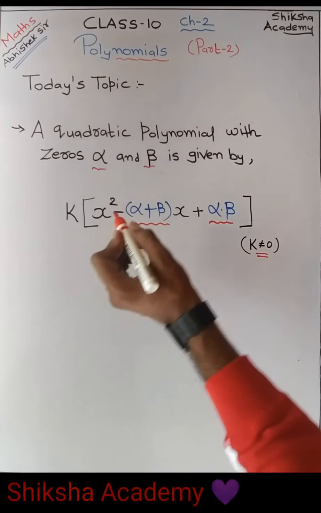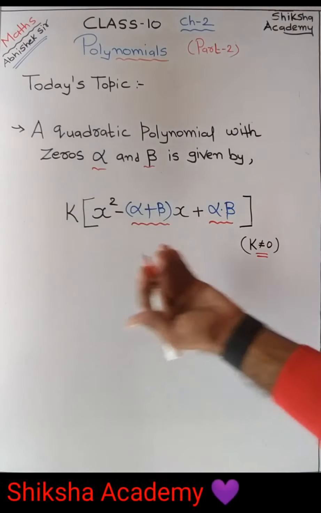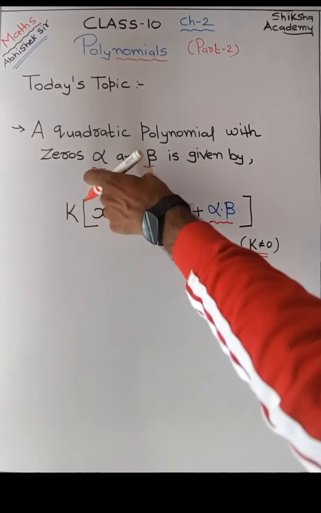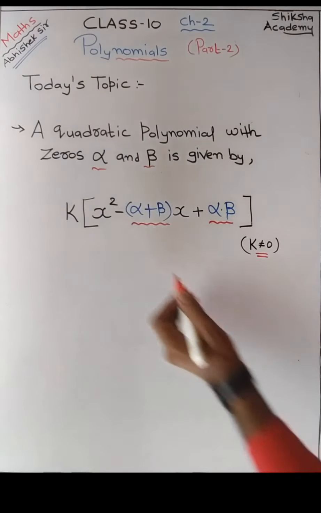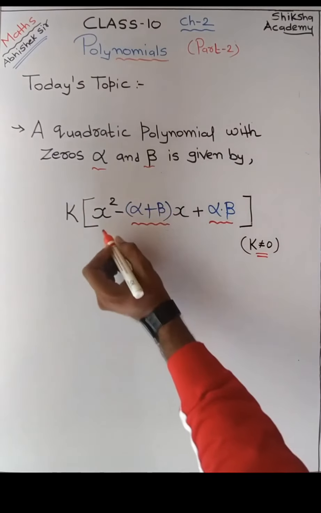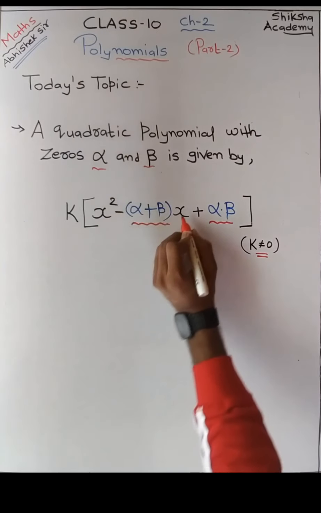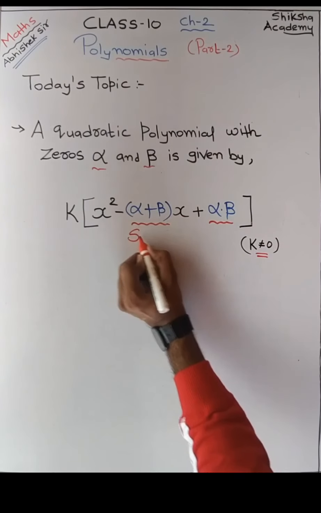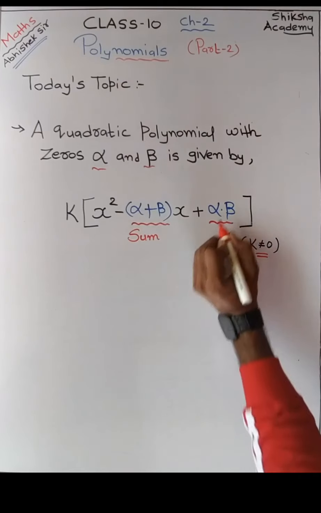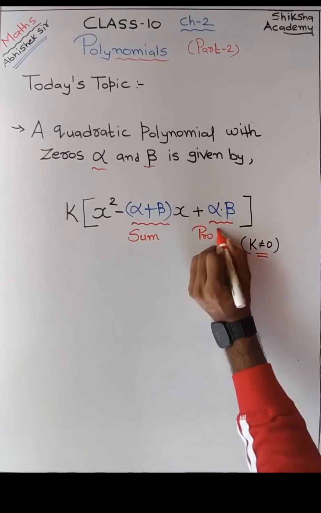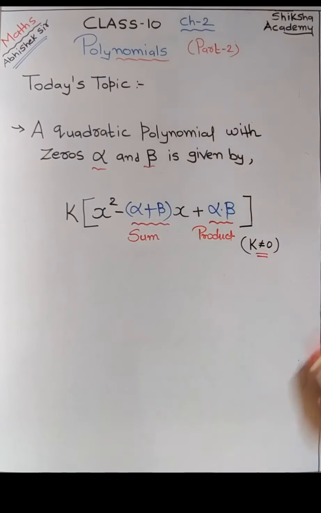So the first term of that polynomial is x square, the middle term with x will be the sum of zeros, and the last term will be the product of zeros.